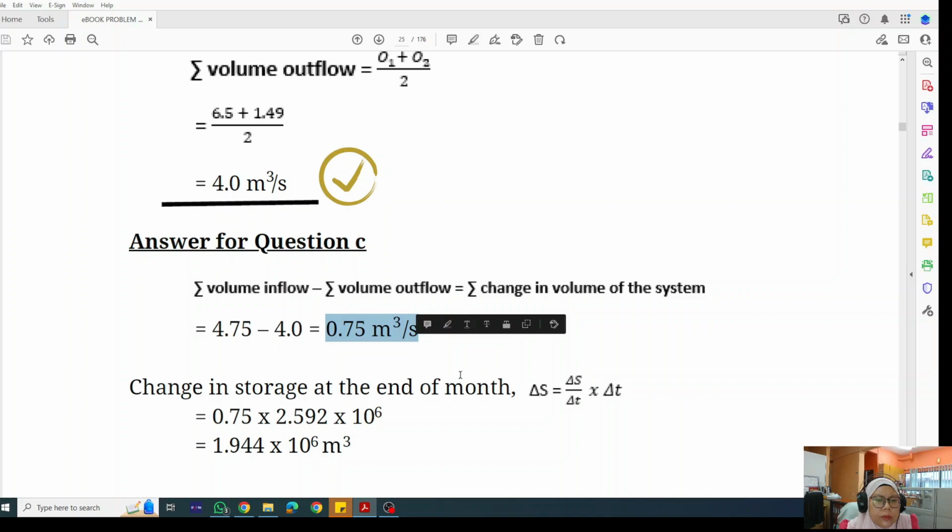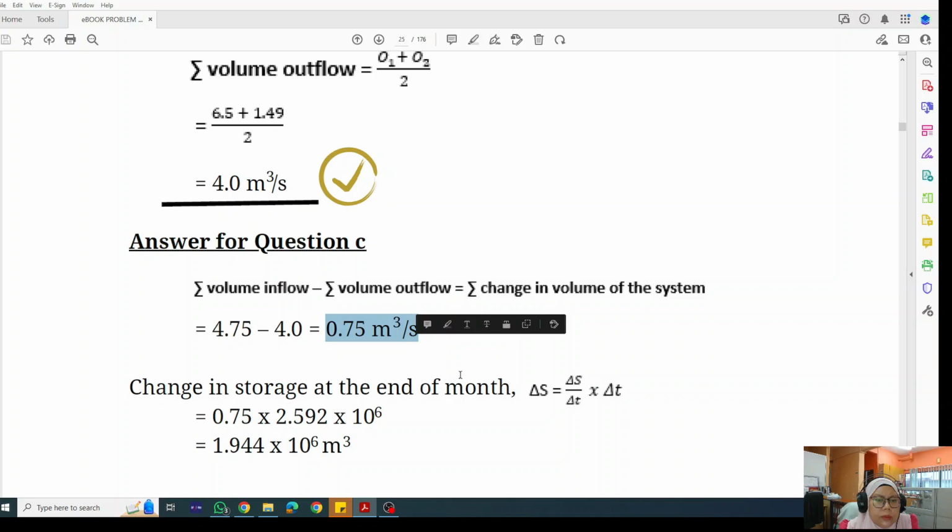Okay, to answer the question, change in storage at the end of the month. So the notation is delta S. So I minus O equals delta S over delta T. So you have to eliminate the delta T here. We have calculated delta T before.